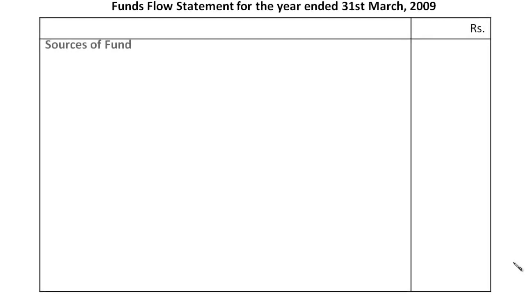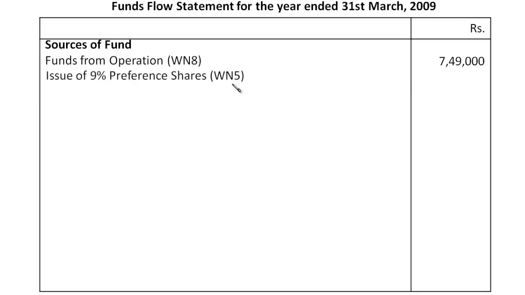The fund flow statement for the year ended 31st March 2009. The first item should be source of fund, and we'll get started with funds from operation, which we have just worked out, which is 7,49,000. Then we have to think and recollect all these sources of funds. The issue of 9% preference shares, which we have worked out in working note 5, is 5 lakh.